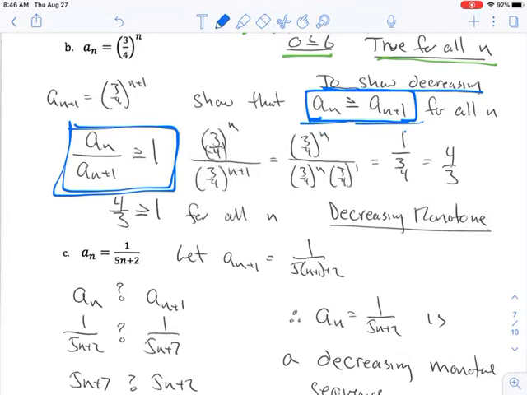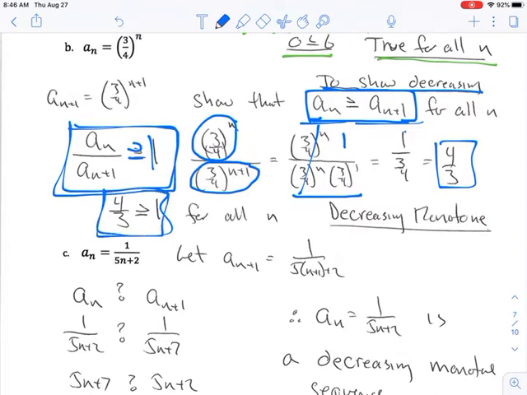And then from there, here's my a sub n divided by a sub n plus 1. Well, 3/4 to the n plus 1 could be rewritten algebraically as 3/4 to the n times 3/4. These cancel out. You're just left with 1 over 3/4, which is 4/3. Okay, well, 4/3, remember, we're taking this and it's greater than or equal to 1. 4/3 is always greater than or equal to 1 for all n.